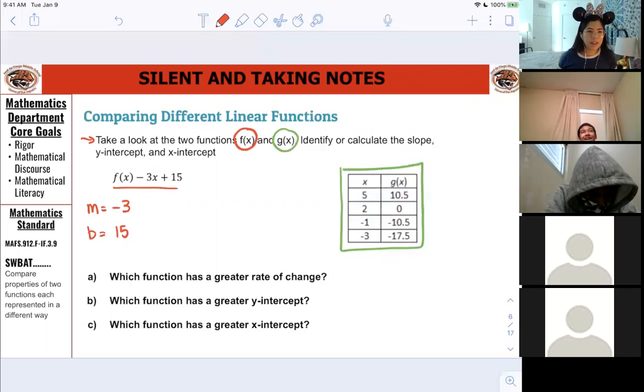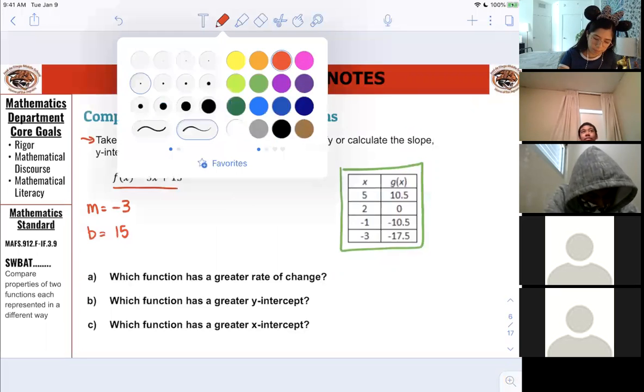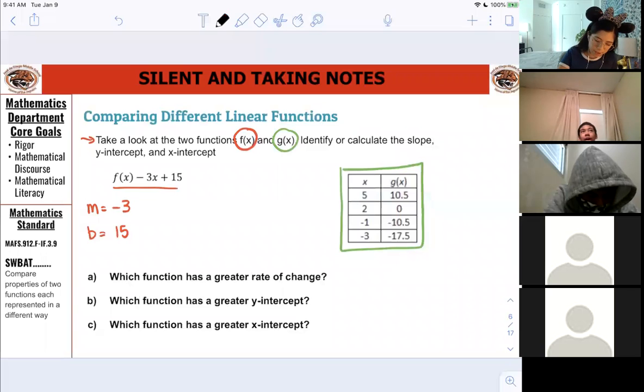Good, Daniela. We're going to set the equation equal to 0. So I have this nice equation here: f of x equals -3x plus 15. I'm just going to take the whole thing and make it equal to 0.